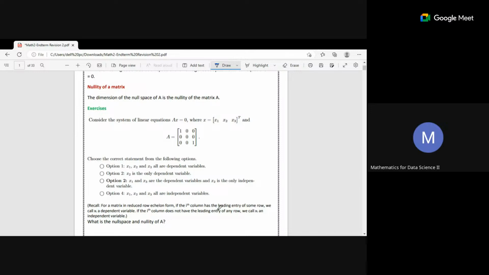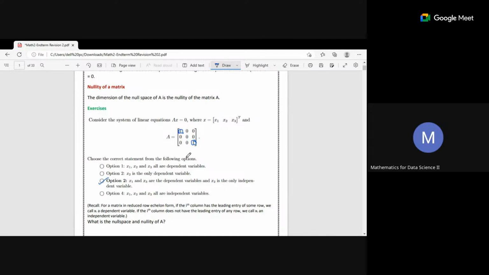If the ith column does not have a leading entry, we call that variable the independent variable. Here this column has a leading entry and this column has a leading entry. Is x1 a dependent or independent variable? Dependent. So x1 and x3 are dependent variables and x2 is the independent variable.